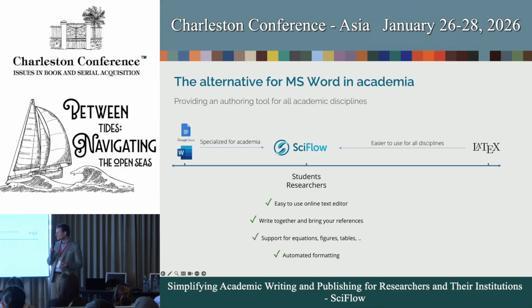So it provides everything they need, like equations, figures, tables, but not more. So it's not possible to write a serial letter or grocery shopping list in SciFlow, but we can obviously do academic writing. In reality, we also see that LaTeX users really appreciate that we have the automated formatting like they're used to in LaTeX and can deal with LaTeX equations.